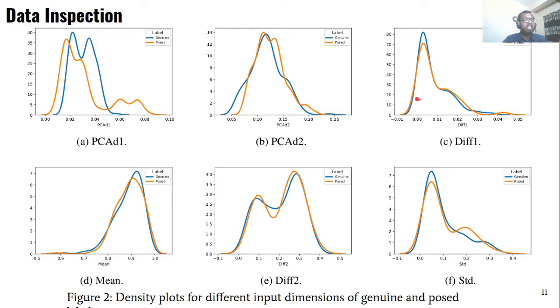So of course we can say that in the classification of real and posed anger videos, they will not contribute as much as PCAD1 will contribute. Since PCAD1 has shown differences, we can conclude that this particular feature will contribute more in the classification.